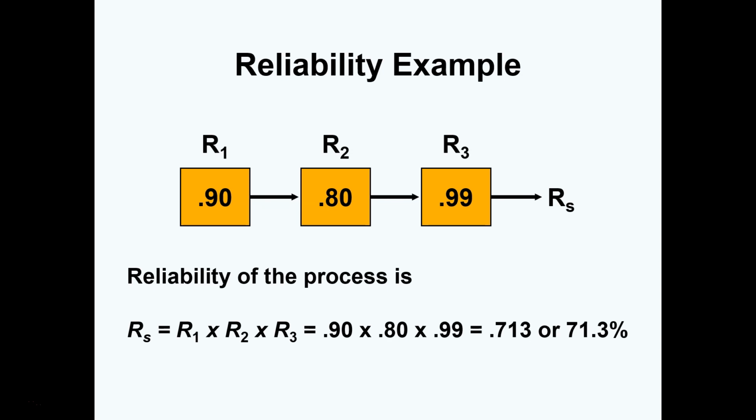If we have a process or a product that has 3 components with reliabilities of 0.9, 0.8, and 0.99 respectively, the overall reliability will equal R1 times R2 times R3, which will lead to an extreme decrease in the overall reliability to 0.713 or 71.3%.